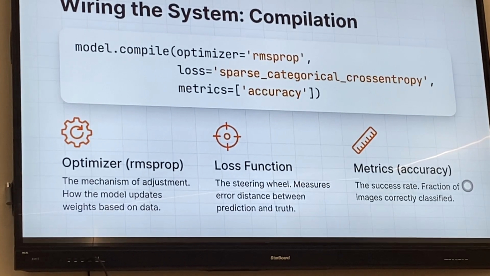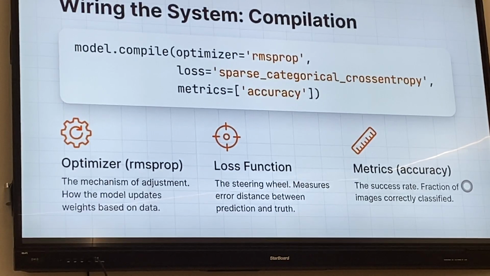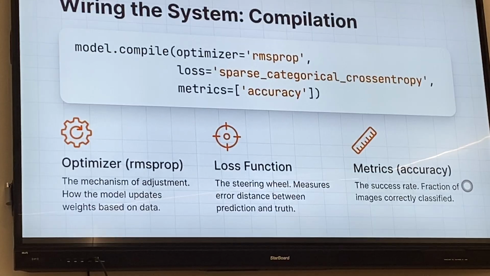And then the metrics. While my algorithm is training, I want to monitor its behavior. I want to see whether or not we are improving with every epoch, and even within an epoch, whether my accuracy is going up. That's why I'm picking metrics equal accuracy over there, just to see whether or not we are doing a good job.